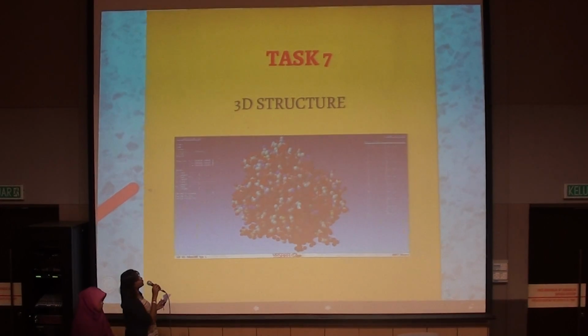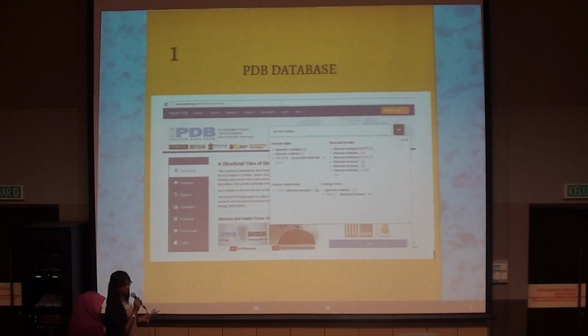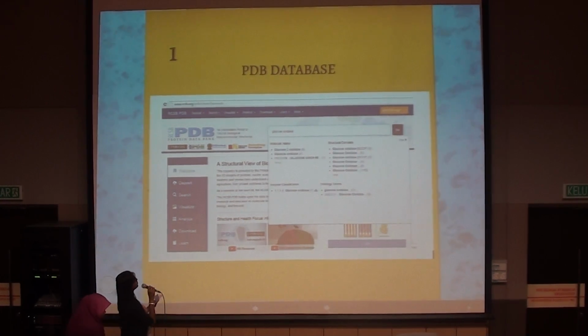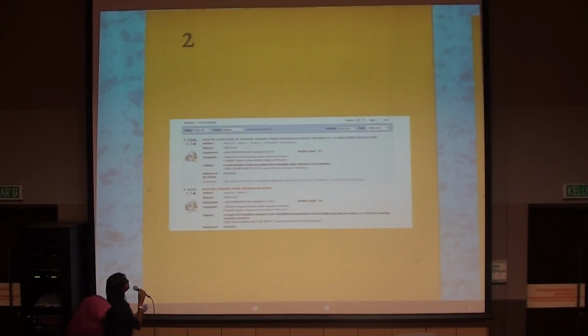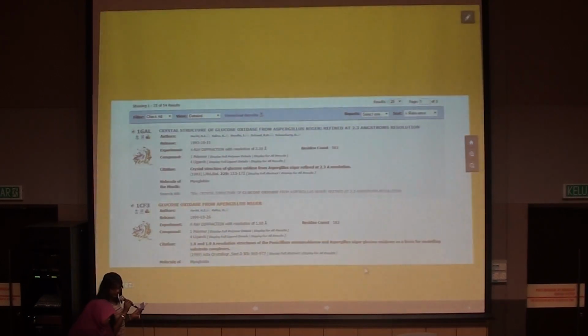Okay, next is how to determine the 3D structure of glucose oxidase. First, we have to go to the PDB database and search for glucose oxidase. Then click on glucose oxidase from Aspergillus niger.